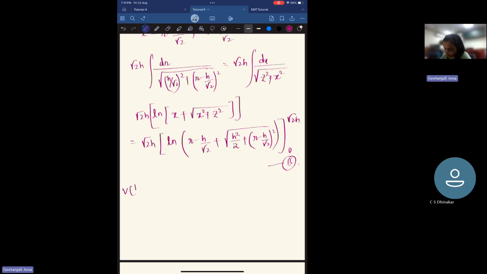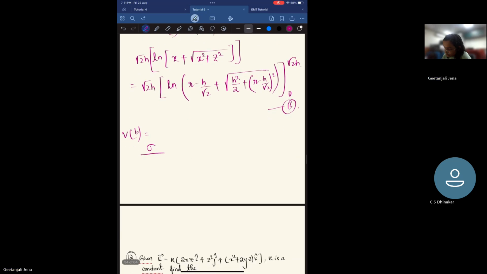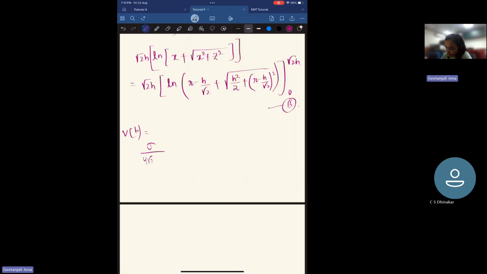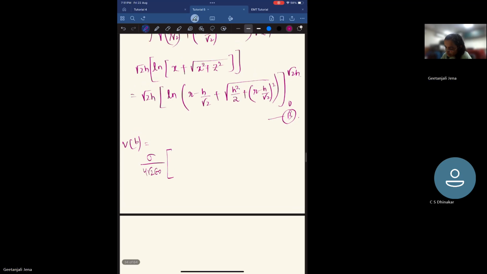So VB will be sigma by 4 root 2 epsilon naught. Let us write the single expression first.